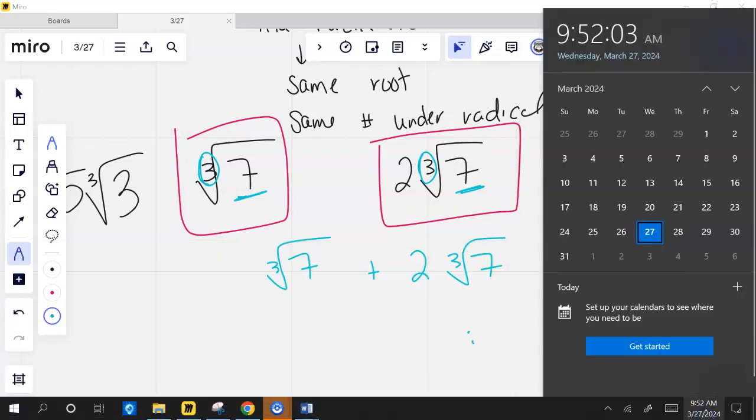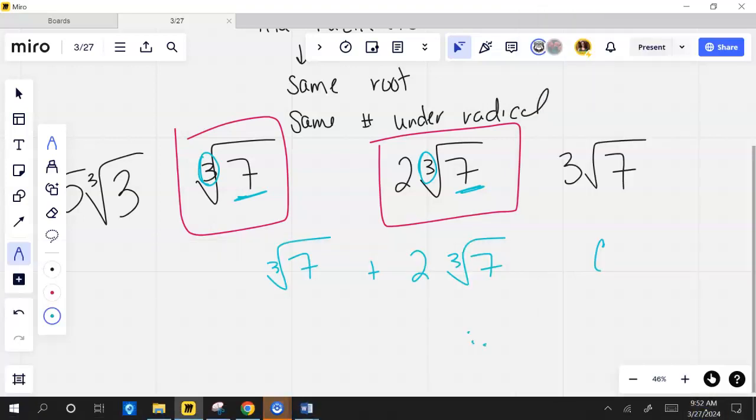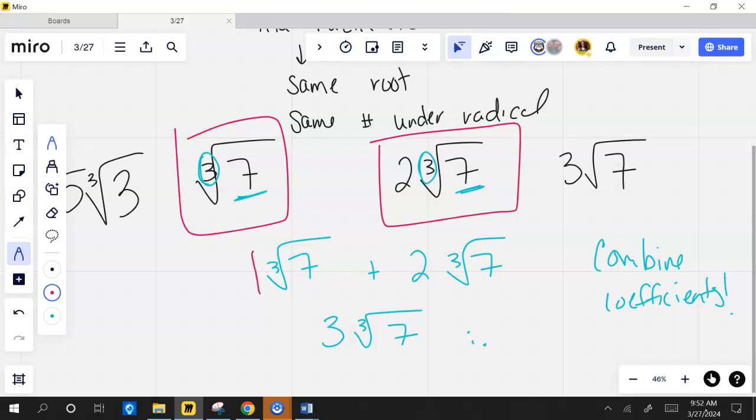Combine the coefficients. So this will become what? 3 cubed root of 7. Because there's an imaginary 1 in front.